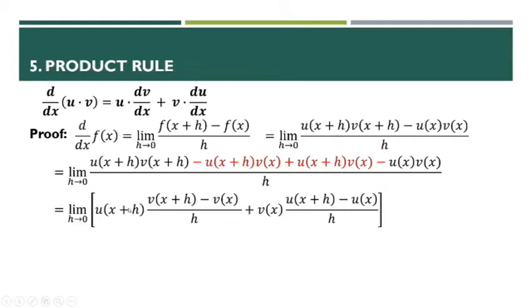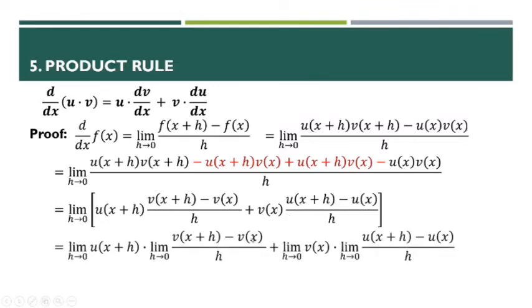Taking the limit of the sum, ililimit din natin yung product ng first term. Ganun din sa second term. So it is equal to the limit of u of x plus h times the limit of v of x plus h minus v of x over h, plus the limit of v of x times the limit of this one.